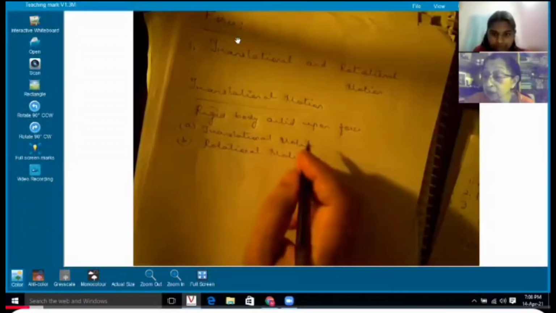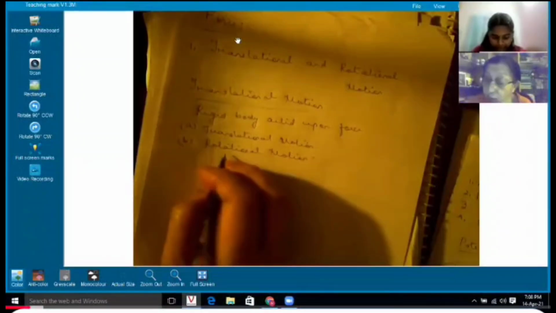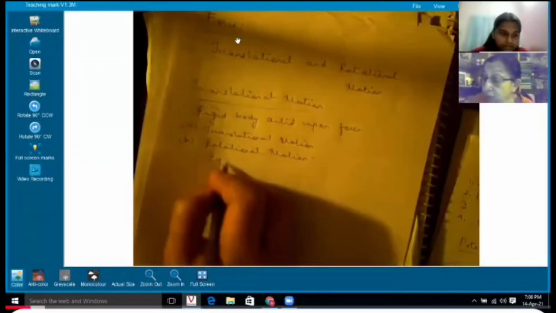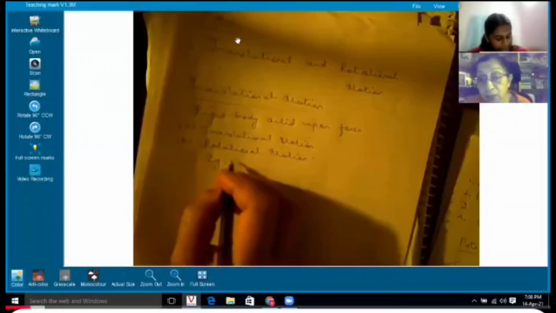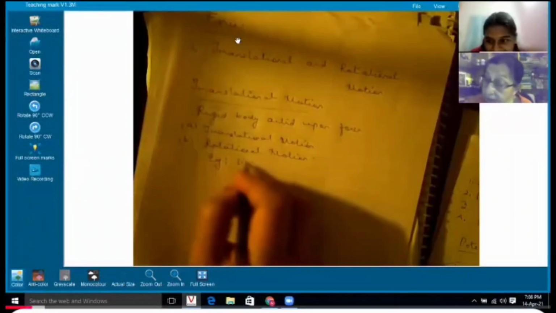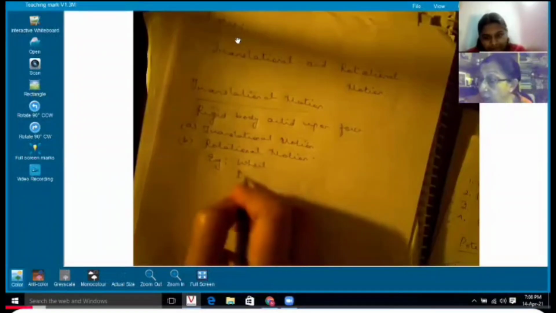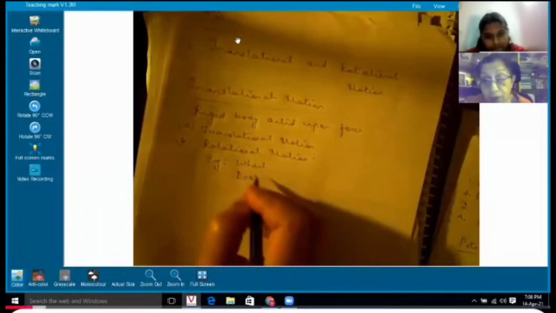Now give me examples of rotational motion. The first example which comes to your mind is the motion of which one? Wheels of cars. Yes. And also the motion of a door, correct?